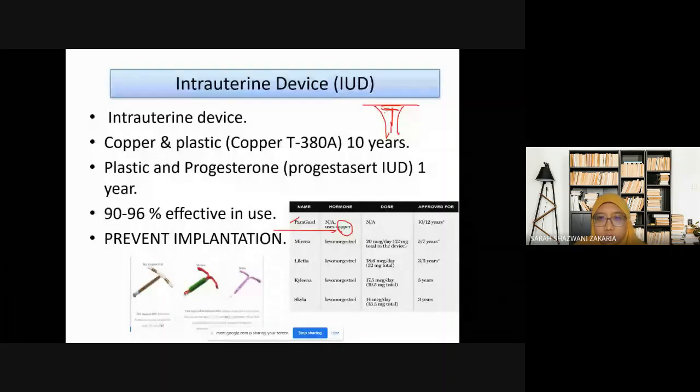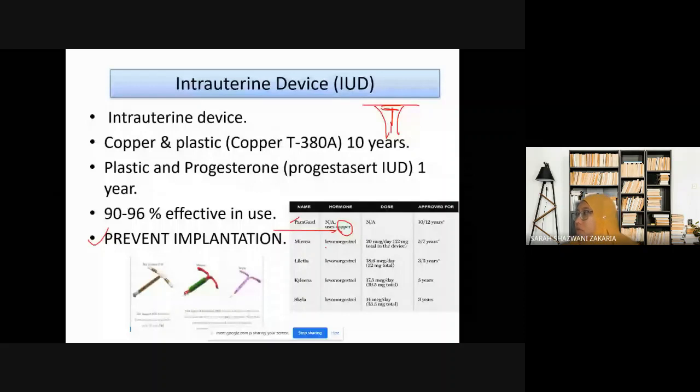Eventually it will put an obstacle for the implantation step, to prevent implantation. This one, named Mirena, has the levonorgestrel hormone.